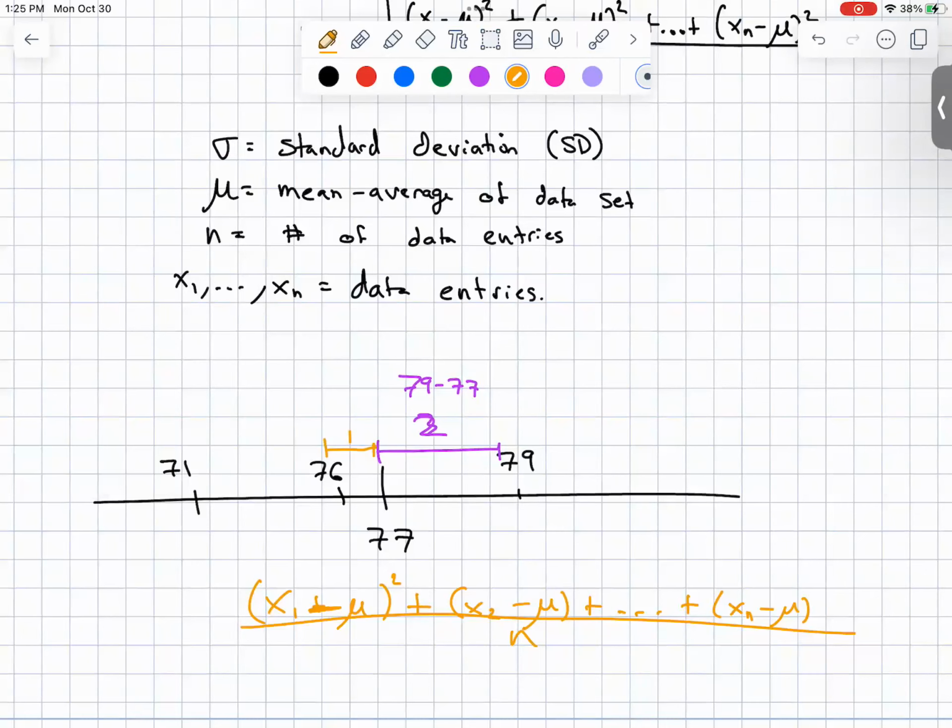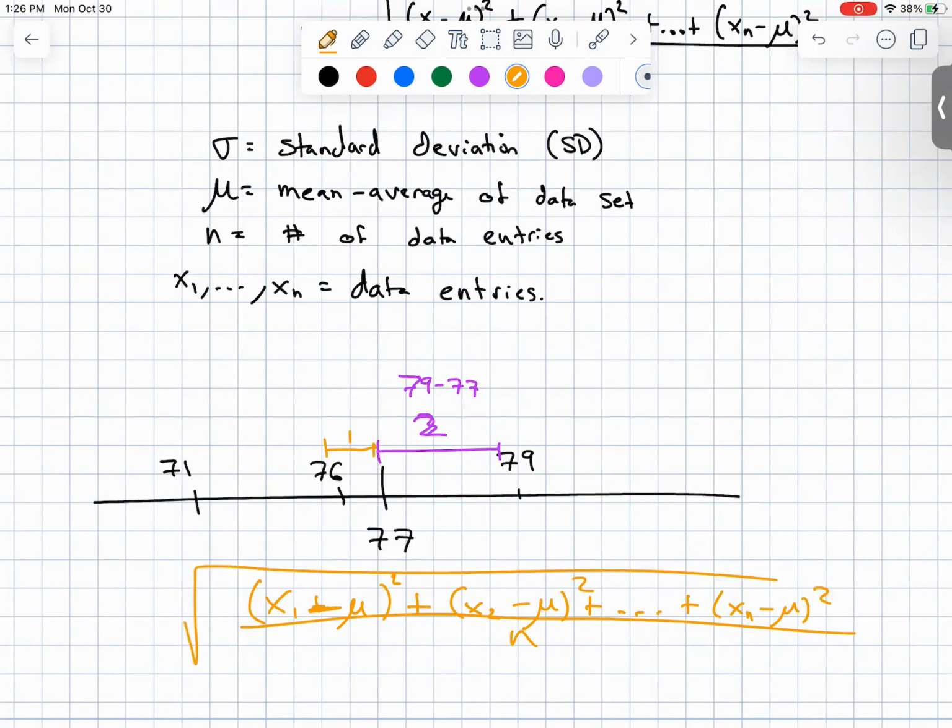We raise it to the second power, because if you raise anything to the second power, it becomes positive. -1 squared is +1. -10 squared, +100. So anything that's positive will just get squared and stay positive, but anything that was going to be a negative distance now gets squared. But that's going to be what we call the square distance between the data value and its mean average. So what do we do to kind of counteract that?